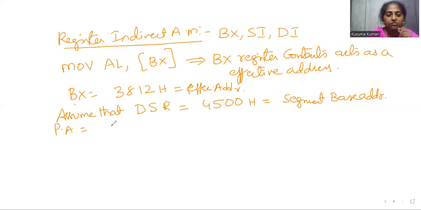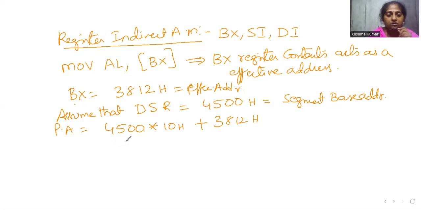Now, how to calculate the physical address? Physical address is equal to segment base times 10 hexa plus effective address. The effective address is 3812 hexa.